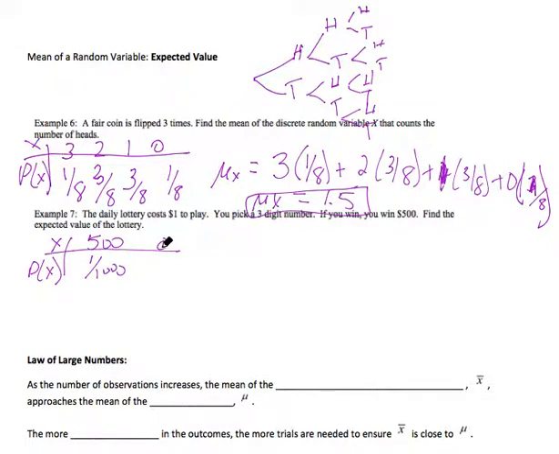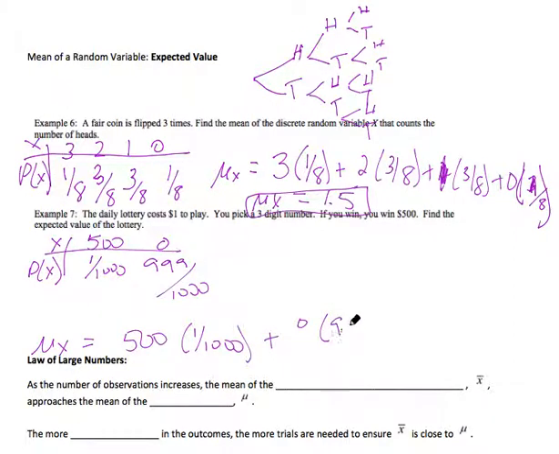And then the probability that I don't win anything is the complement of that. So 999 out of 1,000. Okay, so to find the expected value, I have 500, that's my outcome, times 1 over 1,000 plus 0 times 999 over 1,000. When I solve for this, I get 0.5.